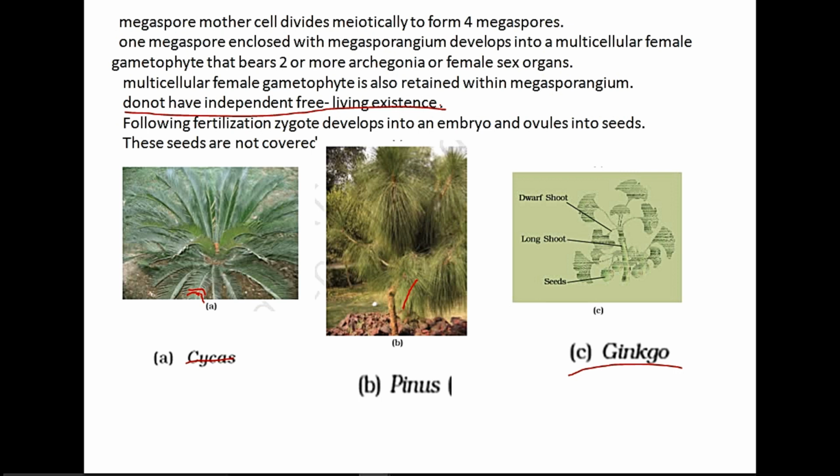They remain within the sporangia retained on the sporophytes, and the pollen grain is released from the microsporangium, and the pollination is direct and anemophilous.